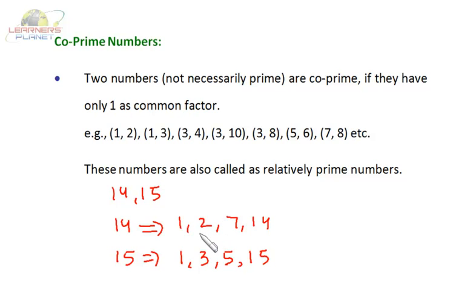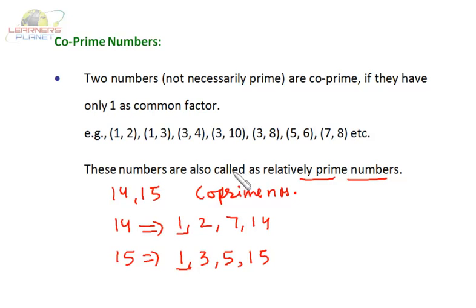Further we can see that there is only one common factor between these two, that is the number 1. So even 14 and 15 are co-prime numbers. So whenever two numbers have only one as a common factor, they are known to be co-prime numbers, or we can say relatively prime numbers.